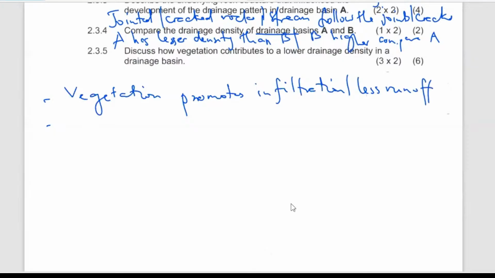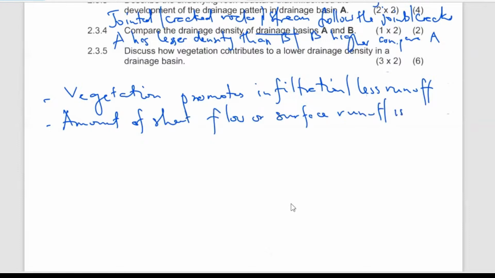When there's high infiltration, it means there will be less sheet flow, or less runoff on the ground surface. So it implies that the amount of sheet flow or surface runoff is limited in that particular area.